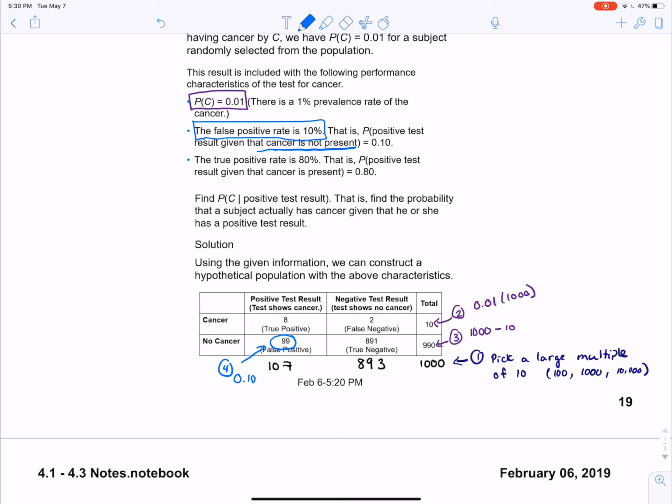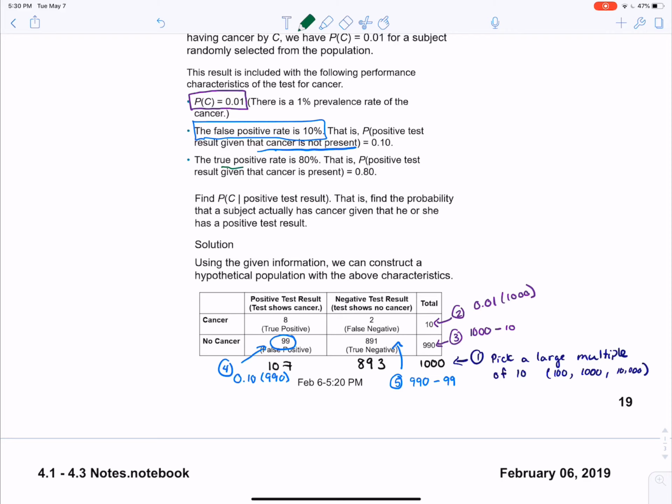So we're not looking at the entire population anymore. We're only looking at the people that do not have cancer. So we have to take 10% of the 990 people that do not have cancer. Then just like we did before, to figure out the other part of the row, we subtract. So we'll take the 990 people total in the row and subtract the 99 people that did not have cancer and had a positive test result.